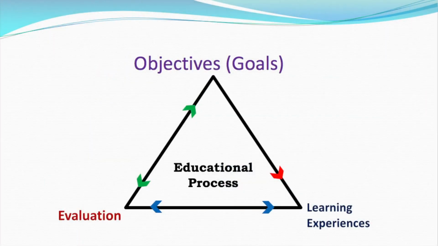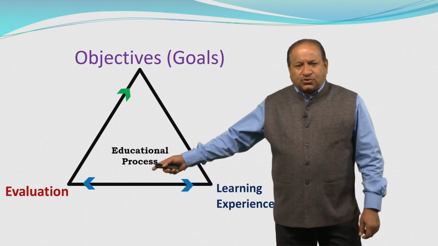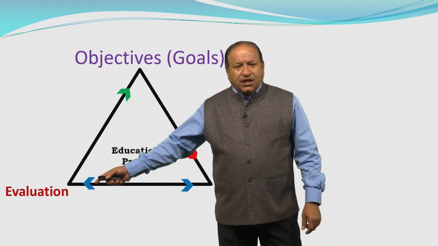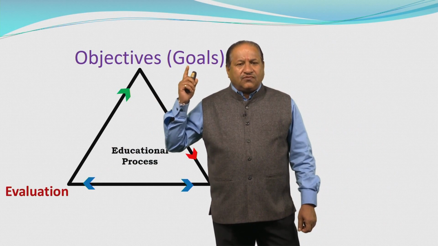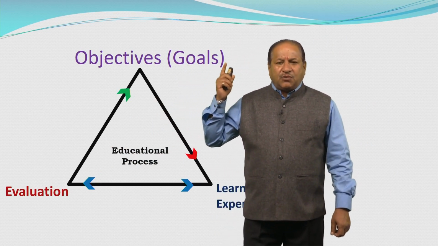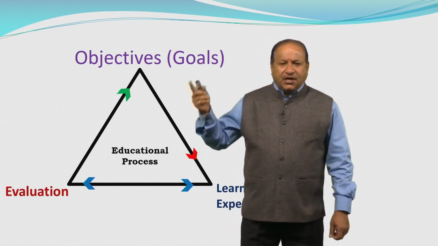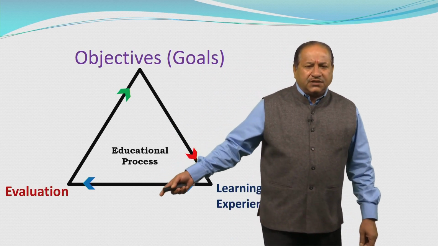Then again we have to go for the evaluation process, and here again the reverse blue arrow is indicating that through these evidences, if we find that some objectives are not totally fulfilled and yet to be achieved, then again we have to give the learning experiences.